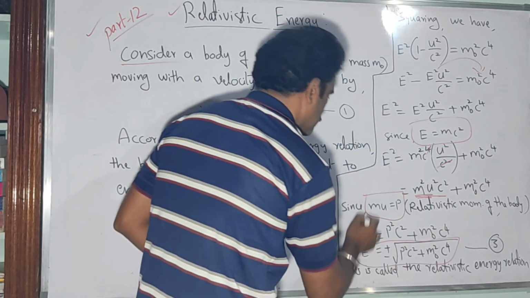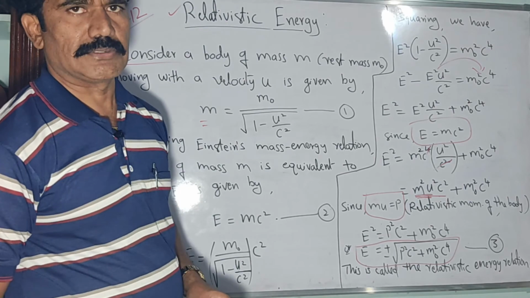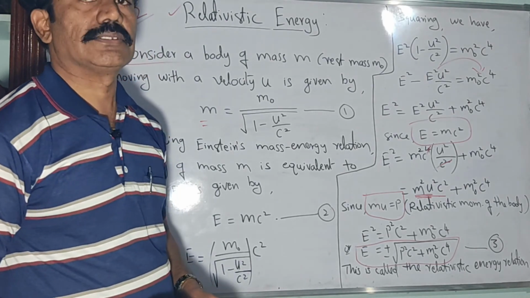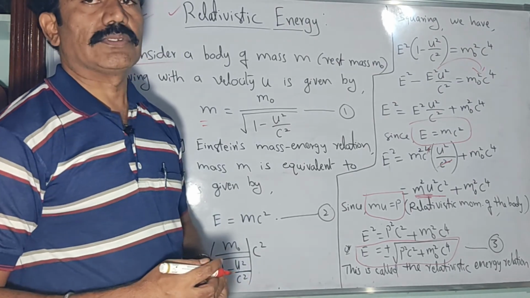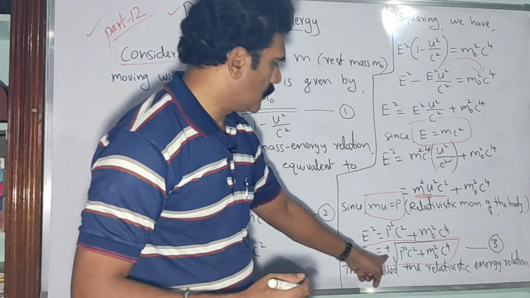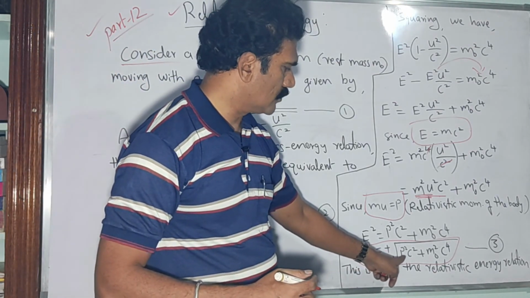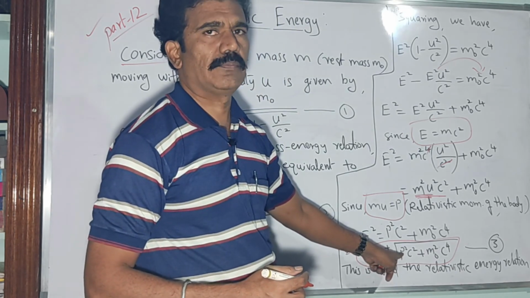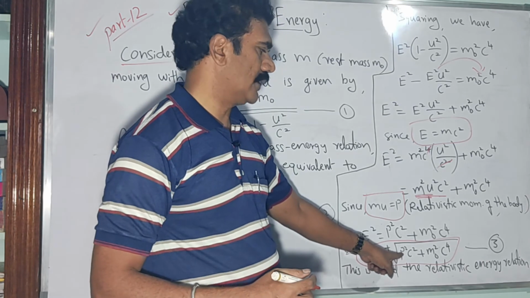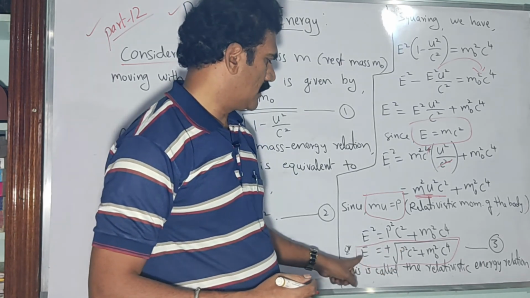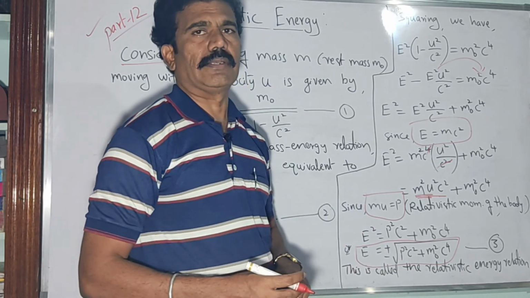We can call it the relativistic energy relation. Why is it called the relativistic energy equation? Because it consists of the relativistic momentum here. That is very important for you. Energy is related to the relativistic momentum of the body, and hence we call it the relativistic energy relation.